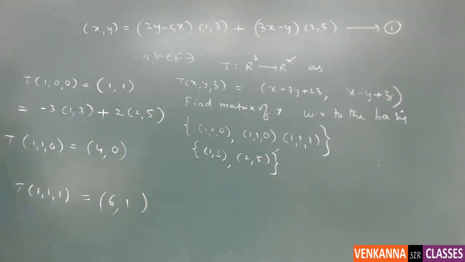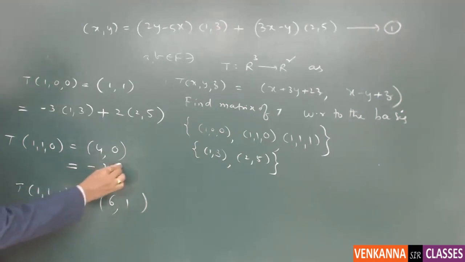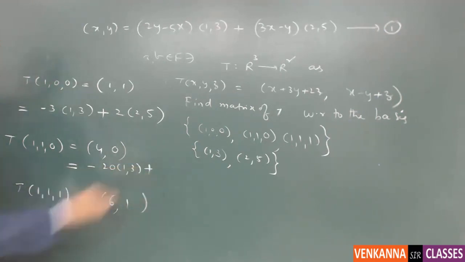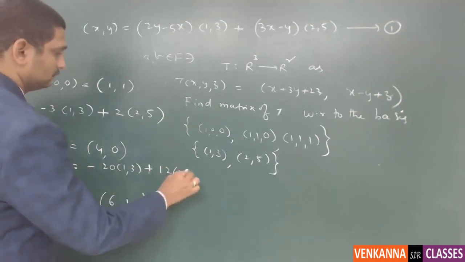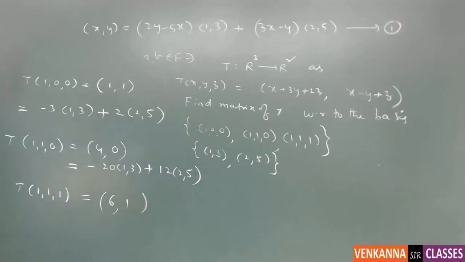Again, for this also, if you apply the combination 2y minus 5x, 3x minus y, this is the value.